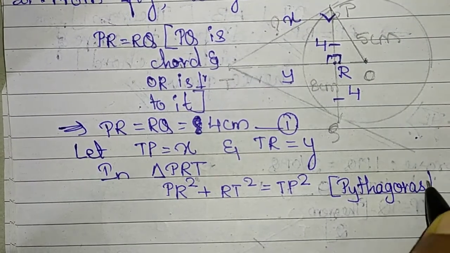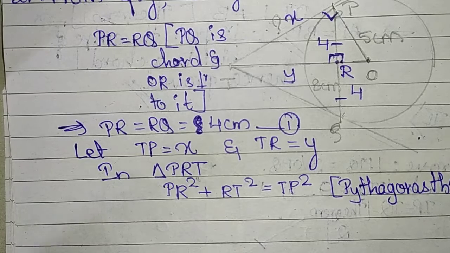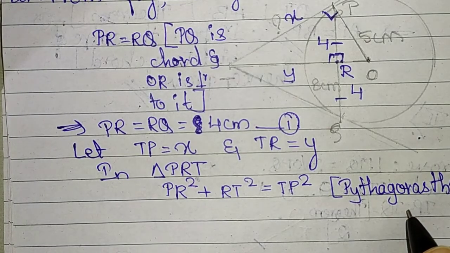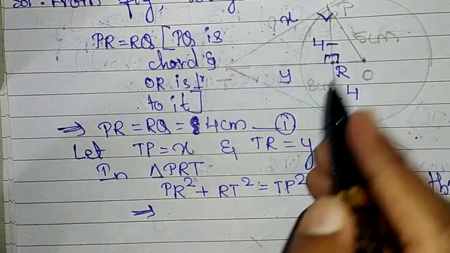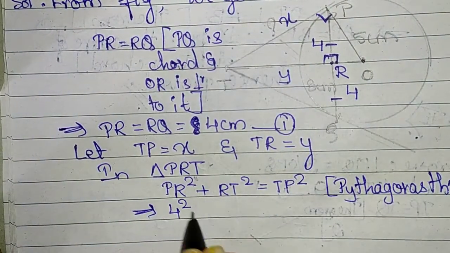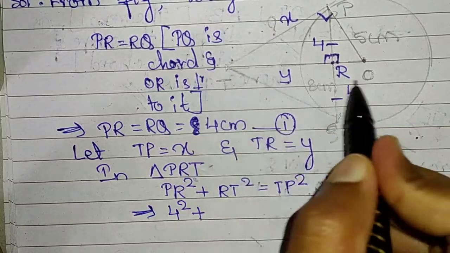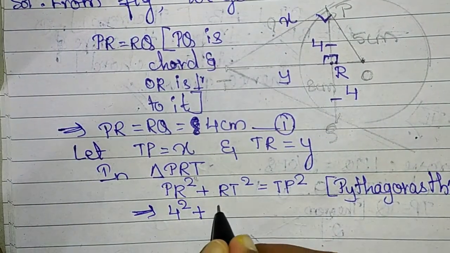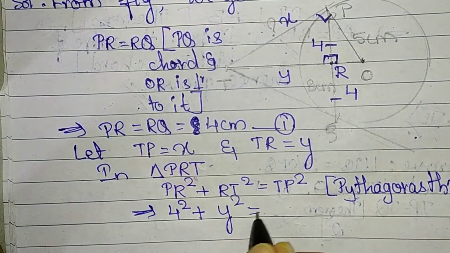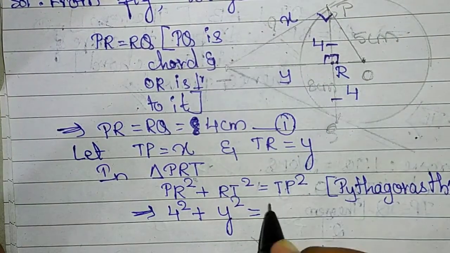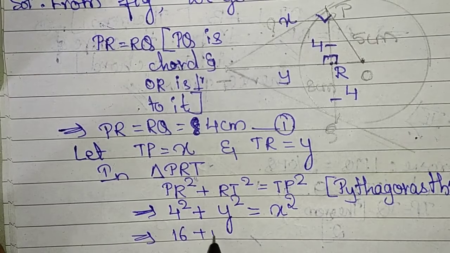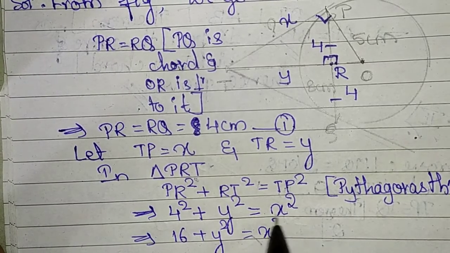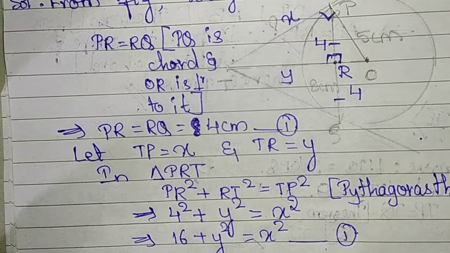The square of the hypotenuse is equal to the sum of squares of the other two sides. So PR is 4, so 4 square plus RT, that is Y square, is equal to TP, which is X square. So 16 plus y square is equal to x square. This is our result 1.